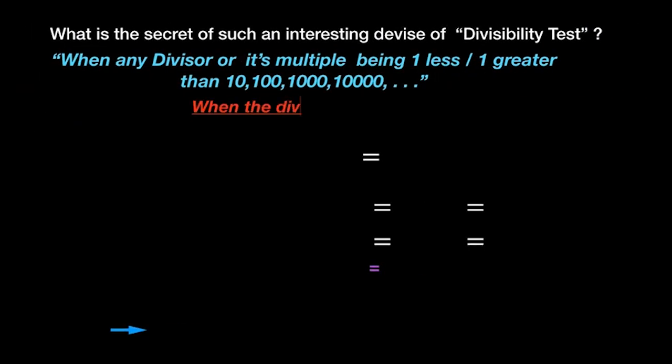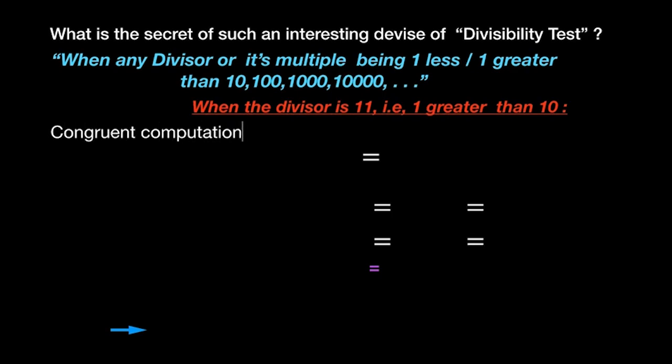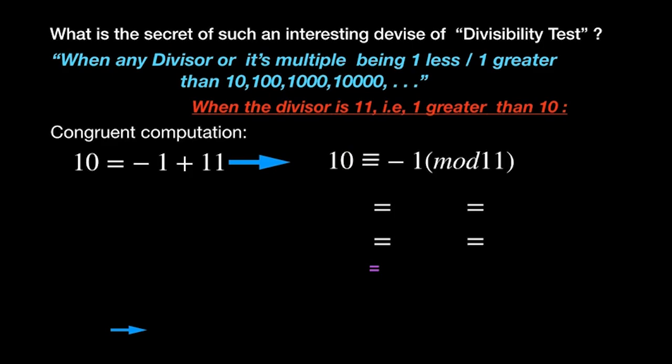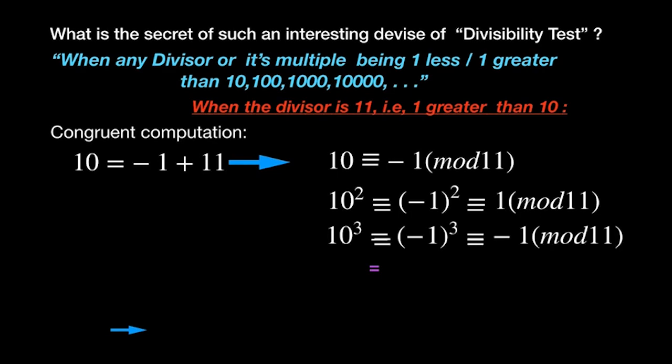And when the divisor is 11, that is 1 greater than 10, then we can write 10 equals minus 1 plus 11, and in congruence arithmetic we can write 10 is congruent to minus 1 mod 11, and also 10 square is congruent to minus 1 square, that is 1, and 10 cube is congruent to minus 1 cube, that is minus 1.